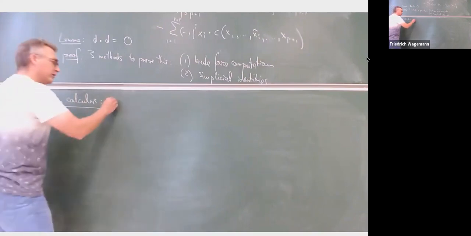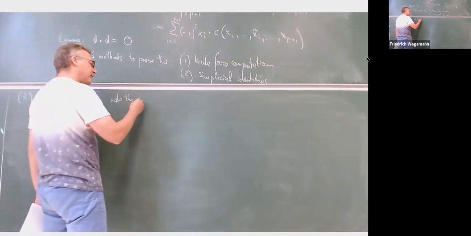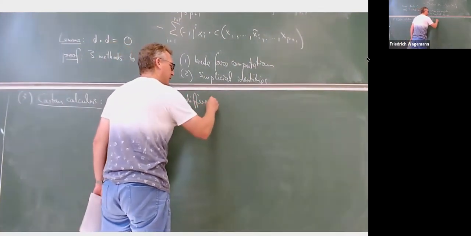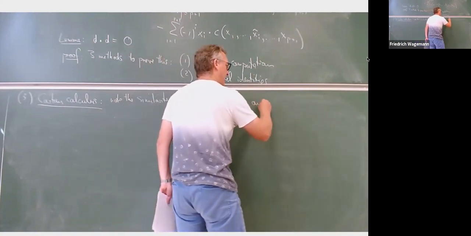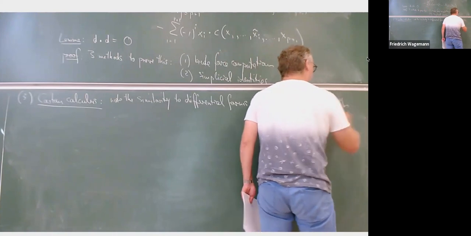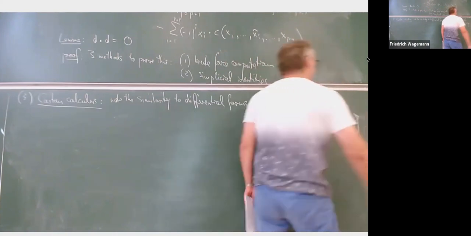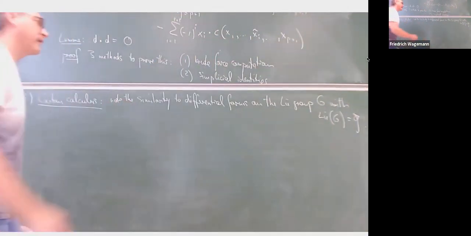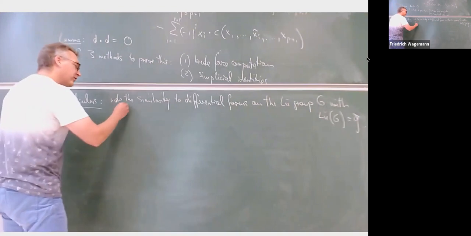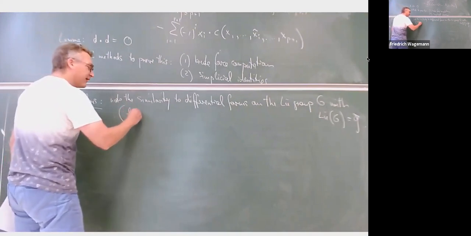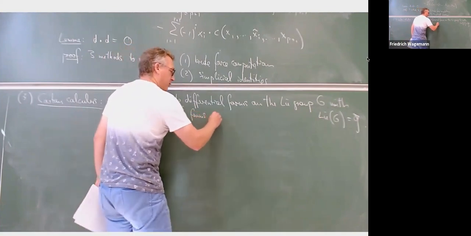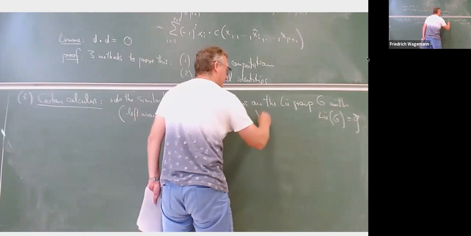Note the similarity to differential forms on the Lie group with the algebra G. This is only a similarity, but in order to make this rigorous, these differential forms should be left invariant, with values in the vector space V.